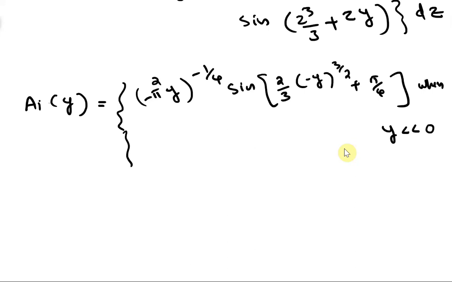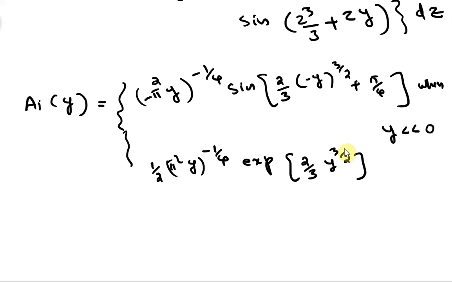When y is a very high negative value, this is going to be the solution. And if you have a positive value, this is going to be something like half pi square y whole raised to minus 1 by 4 exponential of minus 2 by 3 y raised to 3 by 2, for y greater than 0.